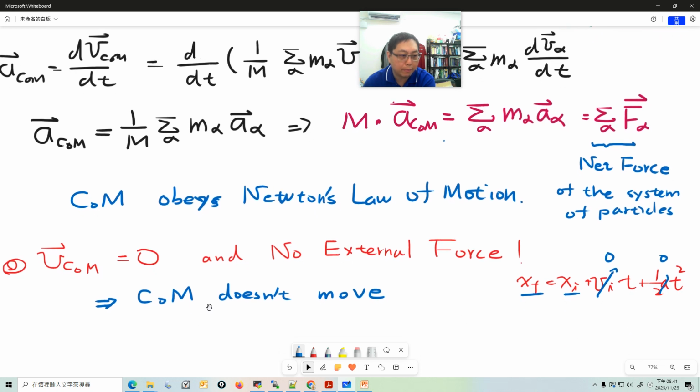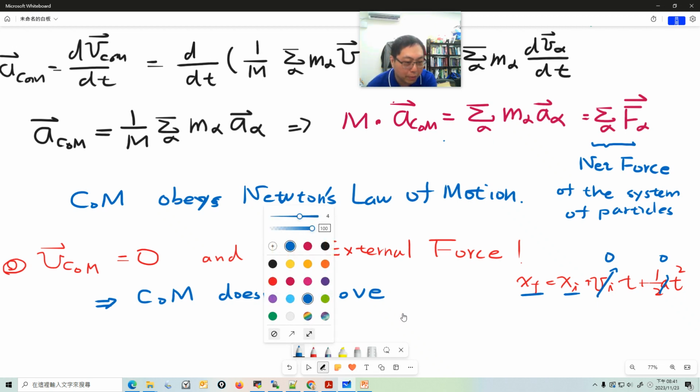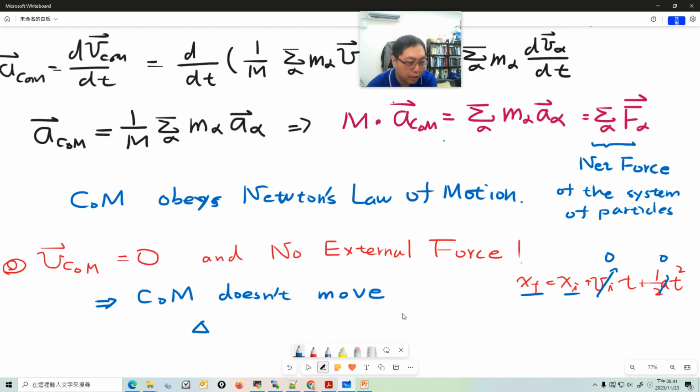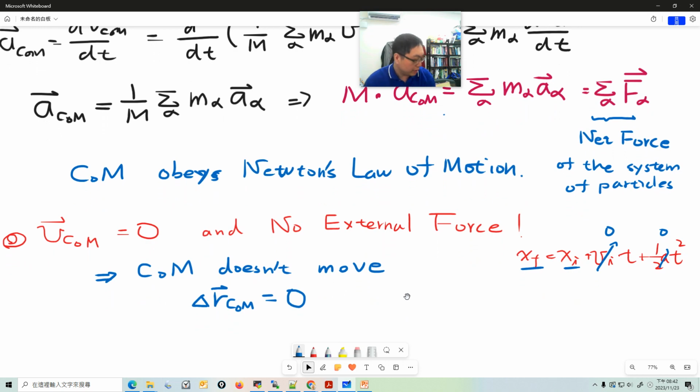How do we describe that the center of mass doesn't move using mathematics? If you want to describe this, it means delta R_COM is equal to 0.